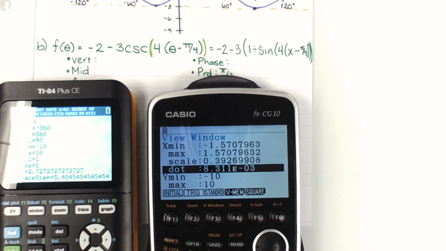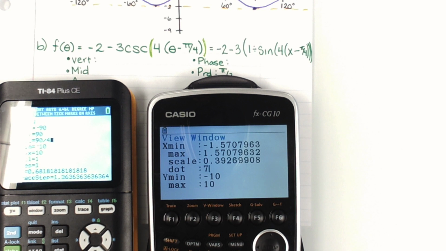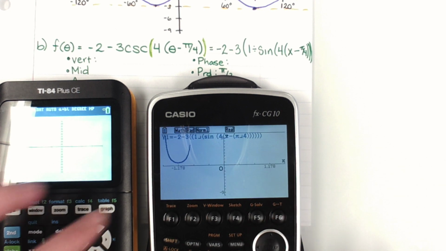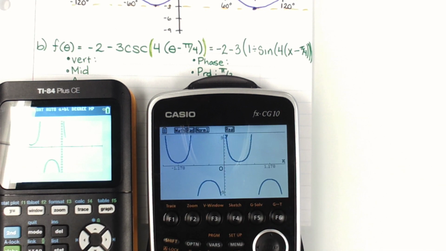Calculator will do the math. Negative 90, 90, 90 divided by 4. Don't change the dot. Bad Benson. Okay, now that looks a little bit more normal to what we'd seen. We know what to put on the ends of our axes now.